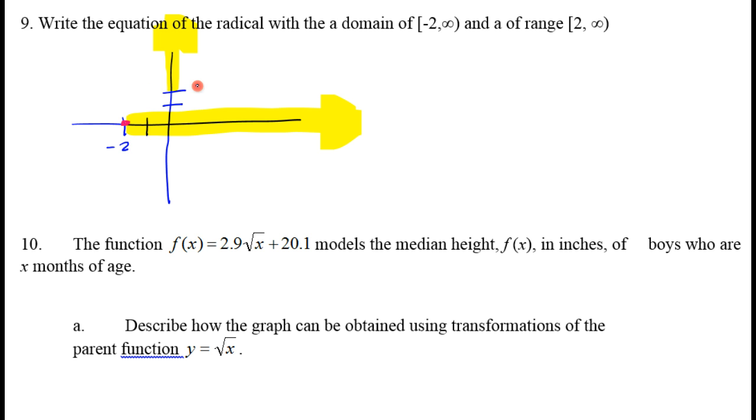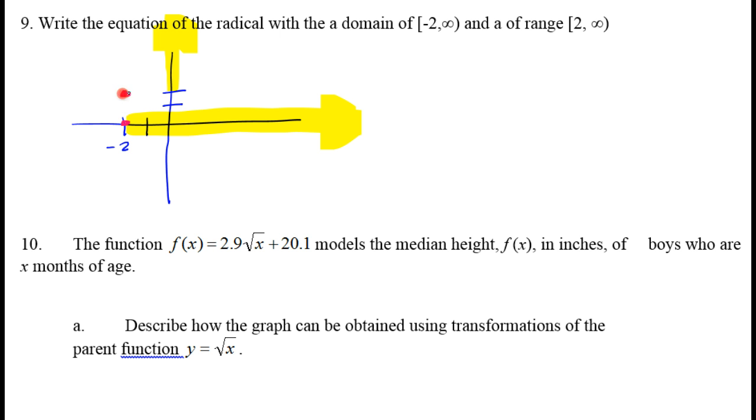So of course we need the one graph that does both of these at the same time. For the domain, it has to start at -2 and go to the right. But for the range, it has to start at +2 and go up.